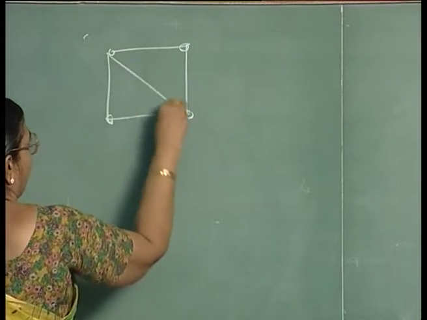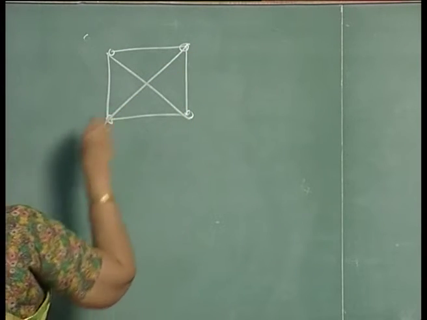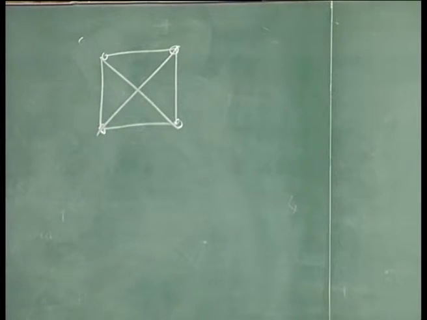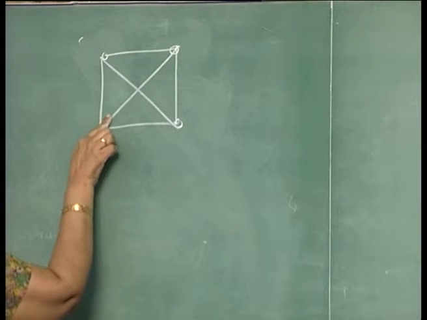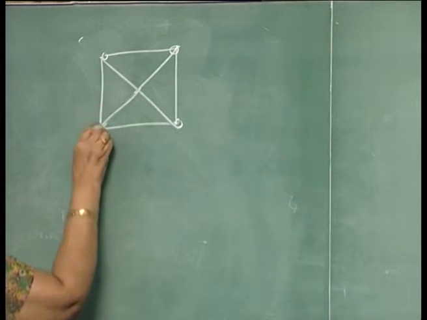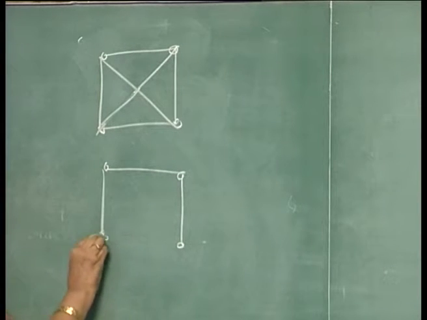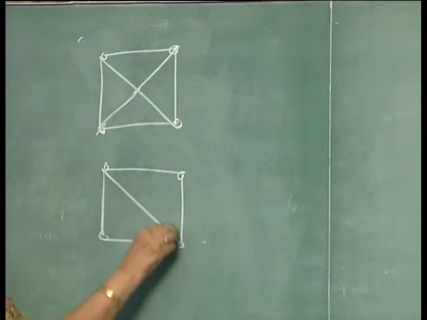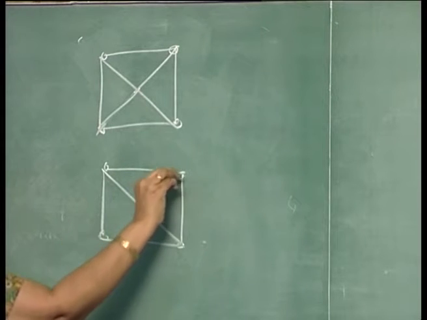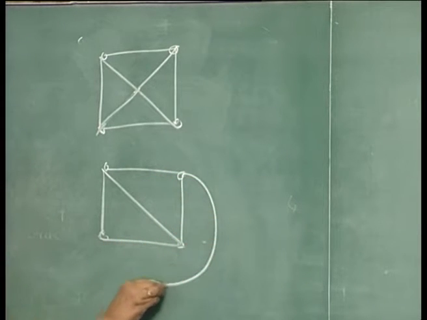Consider this graph with 4 vertices. The edges intersect like this, but the same graph you can draw like this. We can also draw in a different way. Instead of drawing this edge this way, you can draw it this way, in which case no two edges intersect.